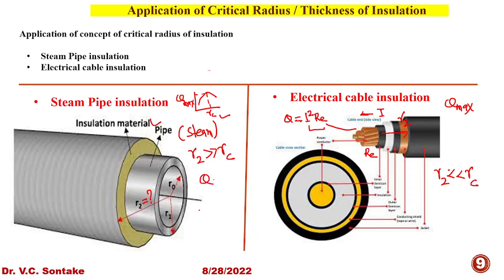For the steam pipe, we want minimum heat transfer rate, so the outer radius of insulation must be greater than the critical radius of insulation. Here we want maximum heat transfer rate from the insulation, so outer radius of insulation would be less than the critical radius of insulation. There are many more applications of the concept of critical radius of insulation.